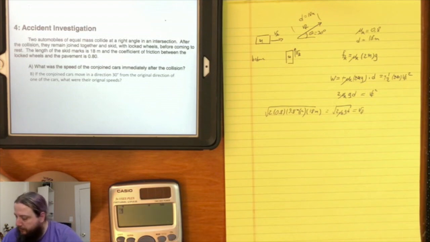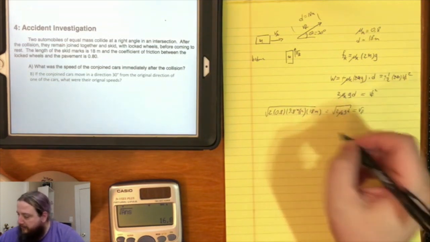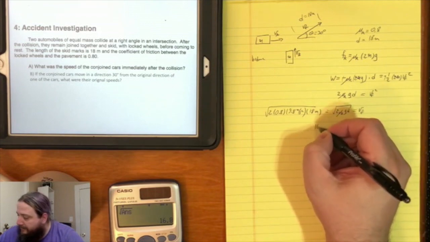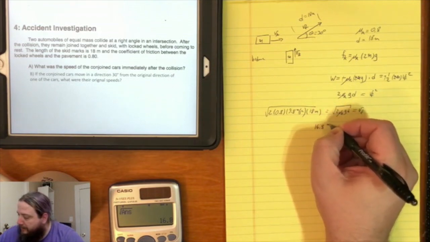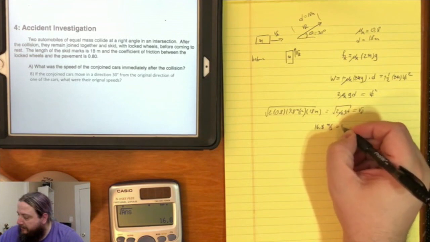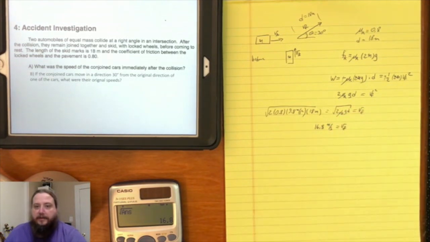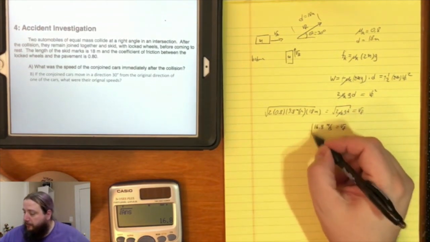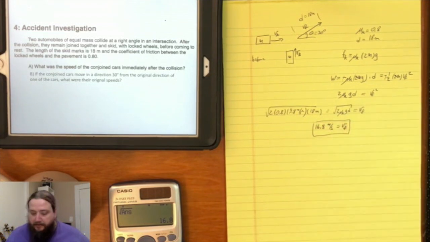And that gives us 16.8 meters per second is the velocity of our conjoined cars right after the collision.